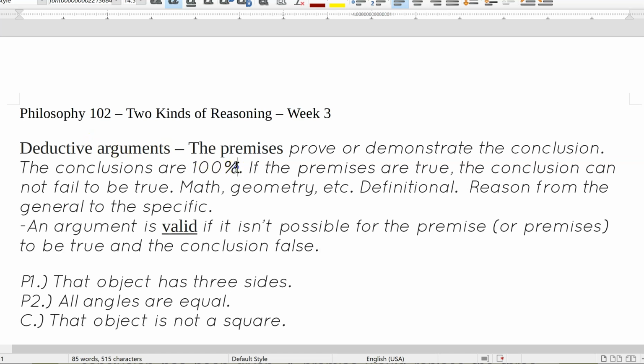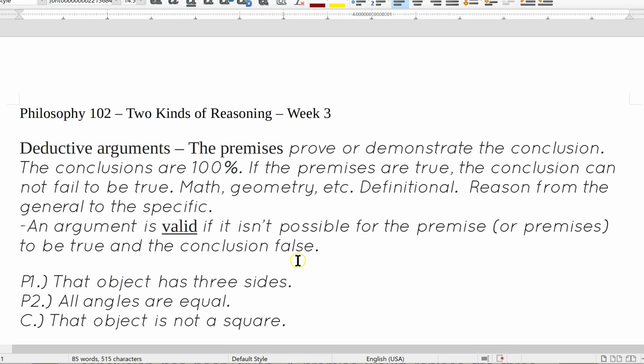And this is linked to this idea that the conclusions are 100%, right? Or that they are proven by the premises, or the premises demonstrate the conclusion, right? The thing we want to really lock in is that deductive arguments are certain.